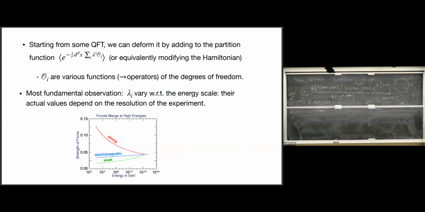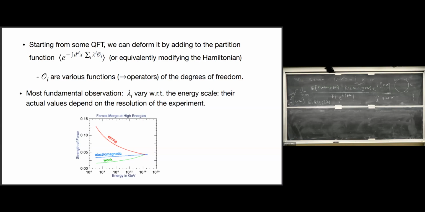One simple way in which different models can be related is by modifying your partition function by the addition of this term here, for example, or equivalently, you can change the Hamiltonian, where here the lambda_i's are coupling constants and the O_i's are general functions or operators of your degrees of freedom in the theory.